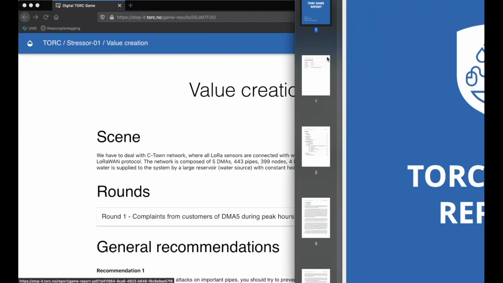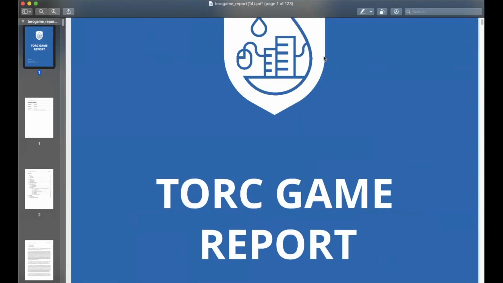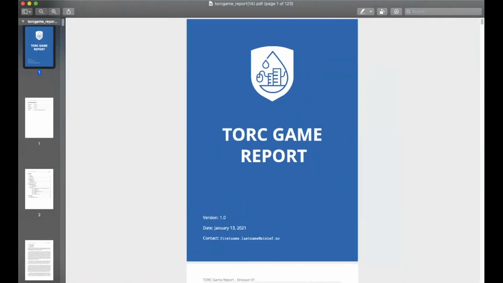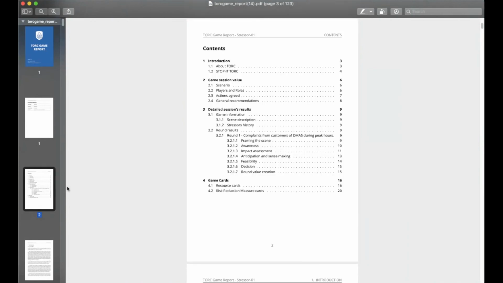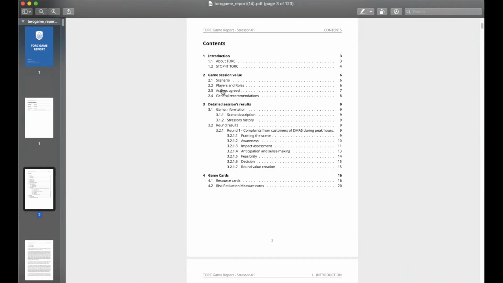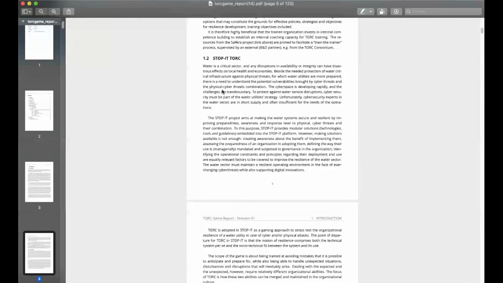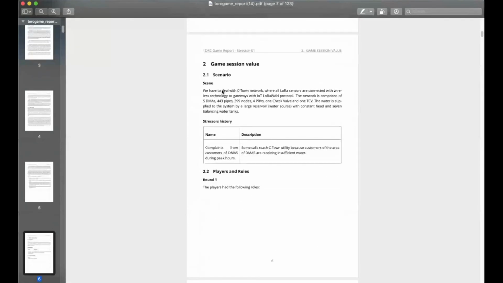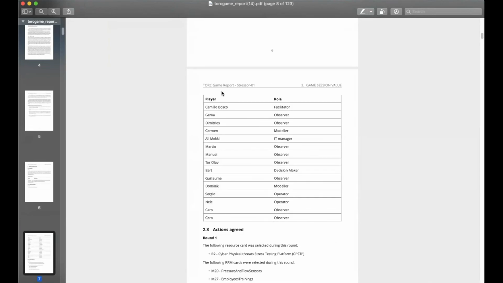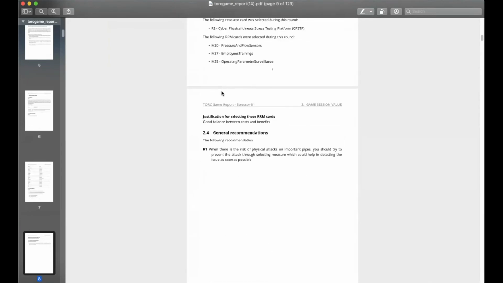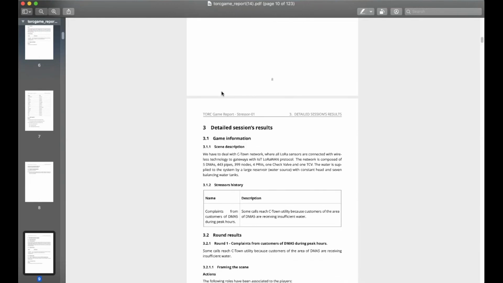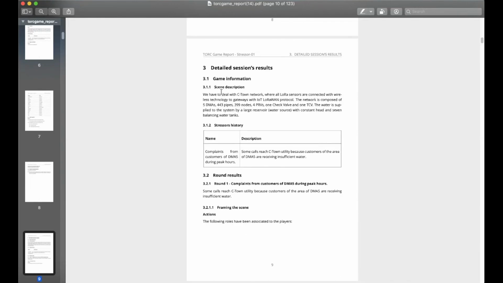If you open the PDF file, you will see the players and then the actions agreed, the risk reduction measure selected and then chosen after the feasibility evaluation with all the details and the notes. Can you see the report? Yes. Okay, so basically that was the first session.